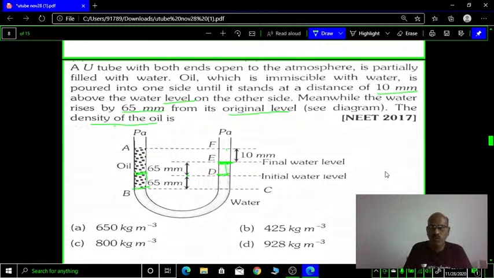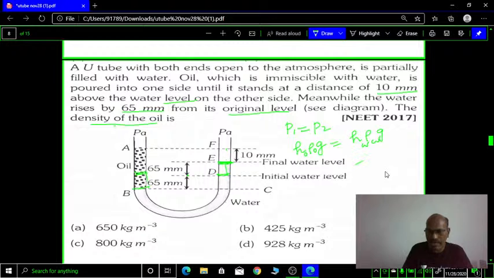Here the pressure on both sides is equal. When it is standing in the equilibrium position, the pressure on both sides is equal. So P1 equals P2. For a liquid column, either oil or water, the pressure is h rho g. On one side I take the height of the oil times the density of the oil, equal to the height of the water times the density of water on the other side.